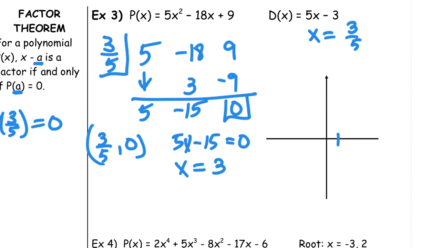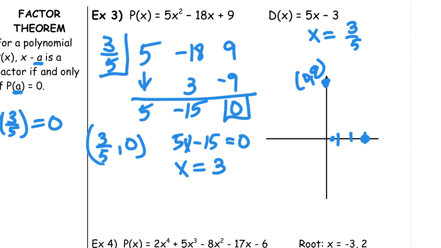So on this graph, we can do 1, 2, 3, and then we can do over here at 3/5. Do we know our y-intercept? So we got 0, 9. What's our a value? Is it positive or negative?